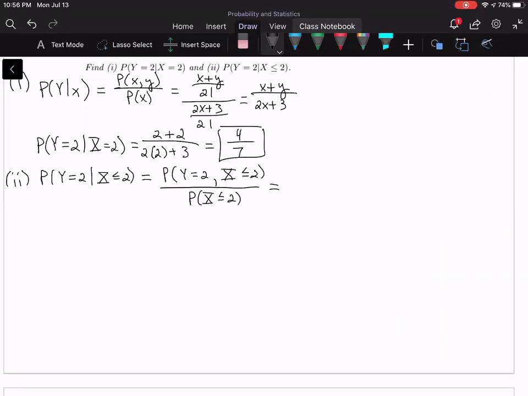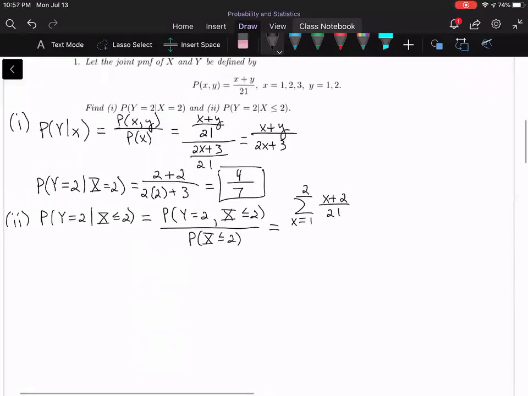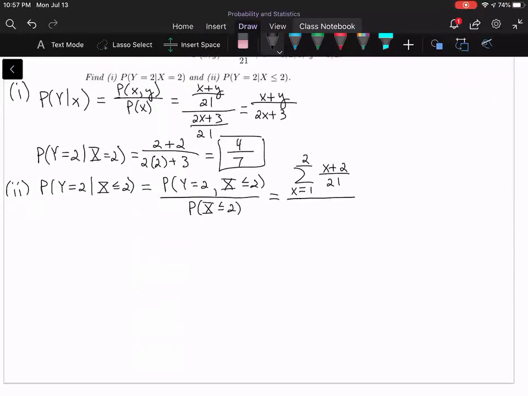So the numerator corresponds to our summation for x. Remember, x can take the values 1, 2, and 3, except x is bounded above by 2, so it could be 1 and 2. And we have the joint distribution of (x plus y) over 21, but y is 2. So I'm going to let y be 2 there.